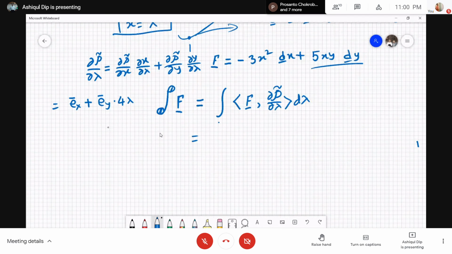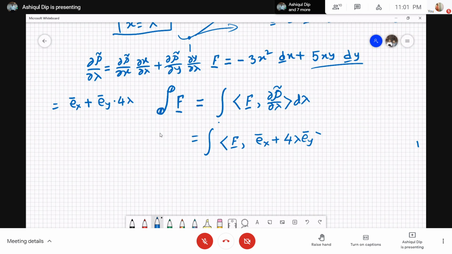It gives you F pierced with delta p by delta lambda, which is ex plus 4 lambda ey, d lambda. Now you can switch to the x coordinate, and we get the integral from 0 up to 1 of F pierced with ex plus 4x ey, dx.